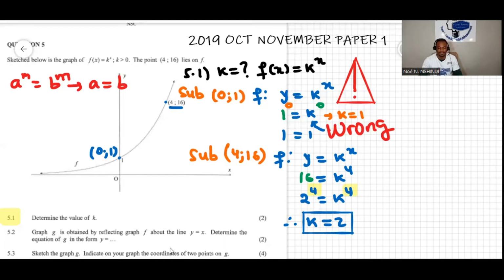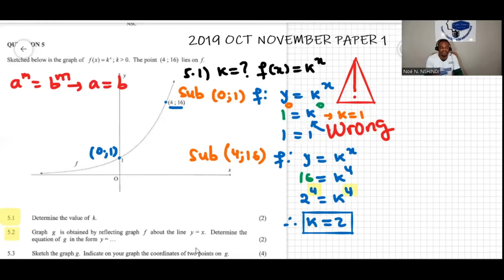Okay. Now, the following question says that graph g is obtained by reflecting the graph f about the line y equal x.